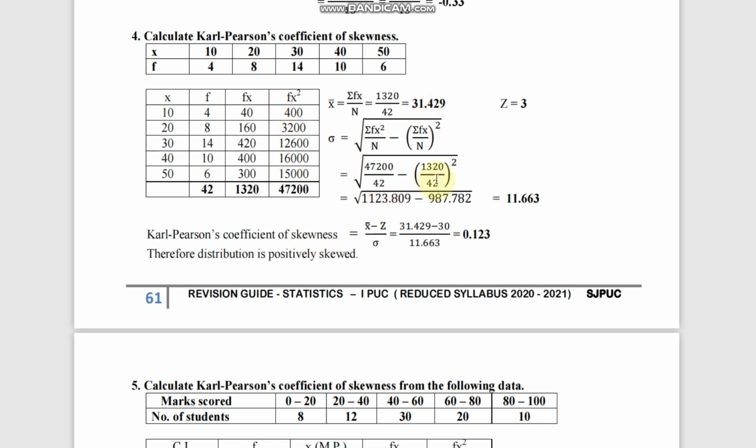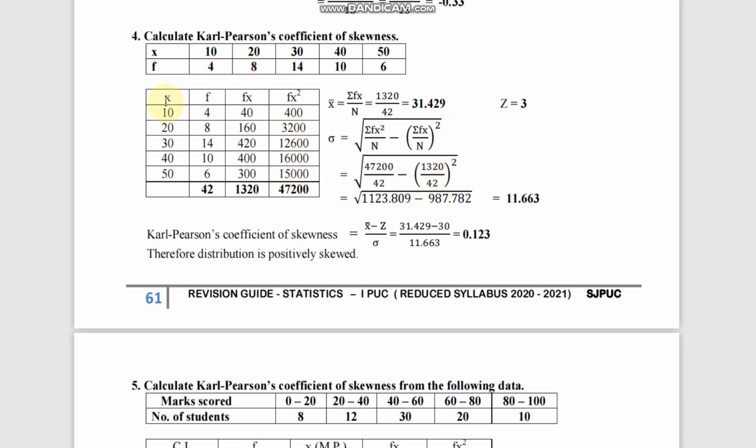For standard deviation, we need two columns here, fx and f into x square. We already have fx here. We have to square the x values and then multiply them with the respective frequencies. So that would be 47,200 divided by 42 minus 1320 divided by 42 squared.